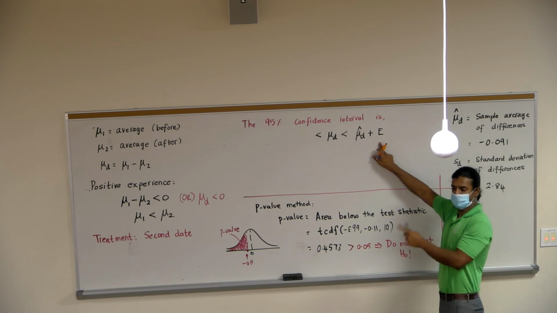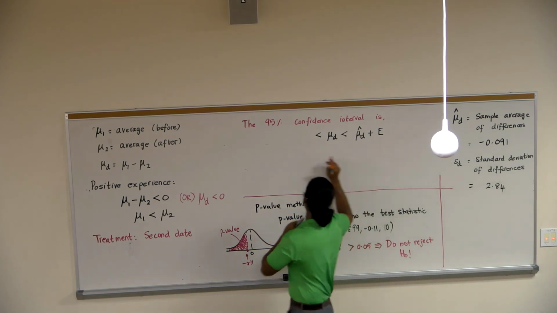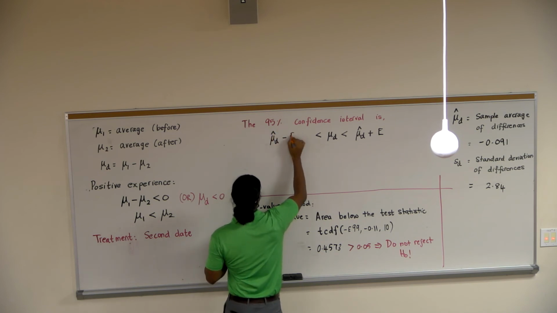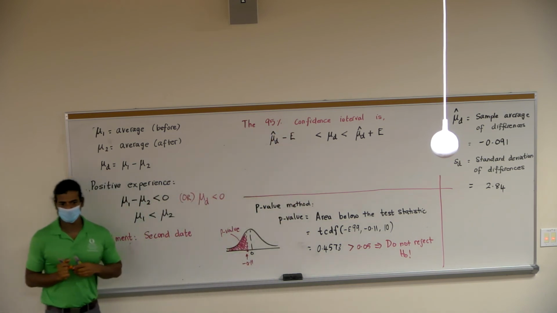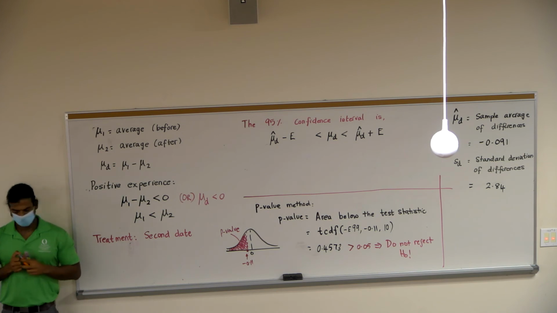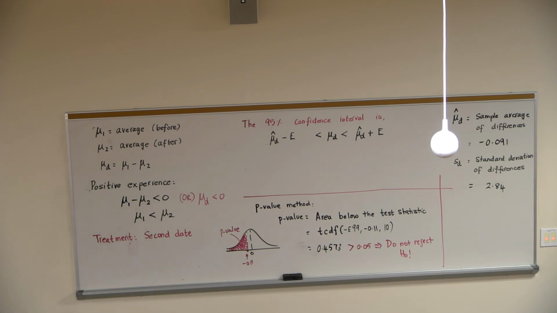I'm going to add the margin of error, and subtract the margin of error. And I also mentioned that the margin of error is always the product of two things, and what are the two things? Critical value and standard error.